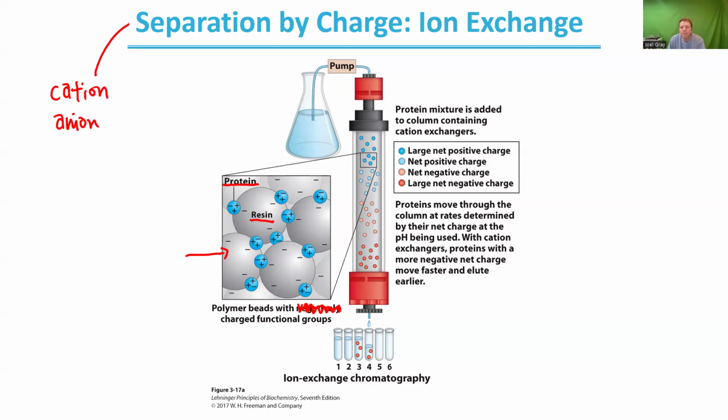Okay. Now, what that means is this protein right here is positively charged. Would you call a positively charged protein a cation or an anion? C for cation and A for anion. Yeah, it's a cation. Now, what that means is if you are trying to capture cations, you need a negatively charged resin.